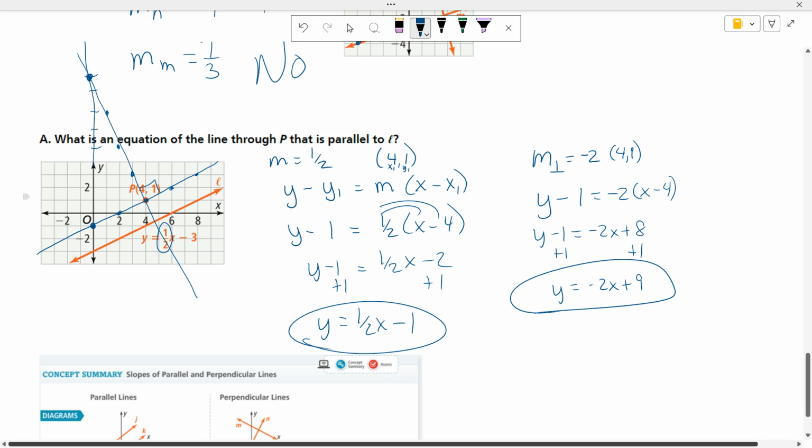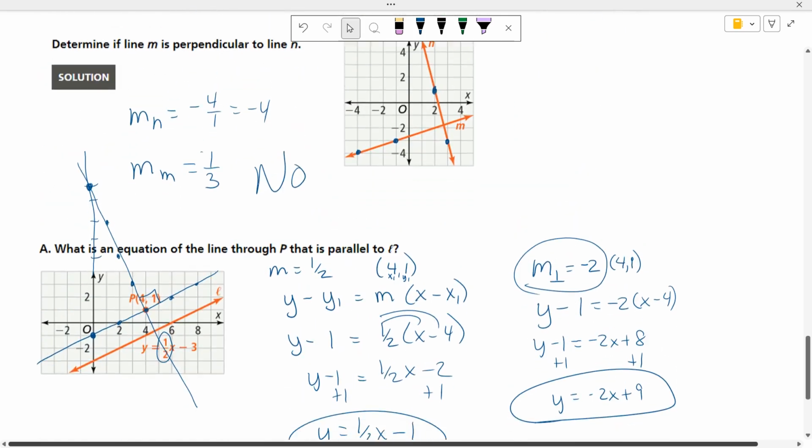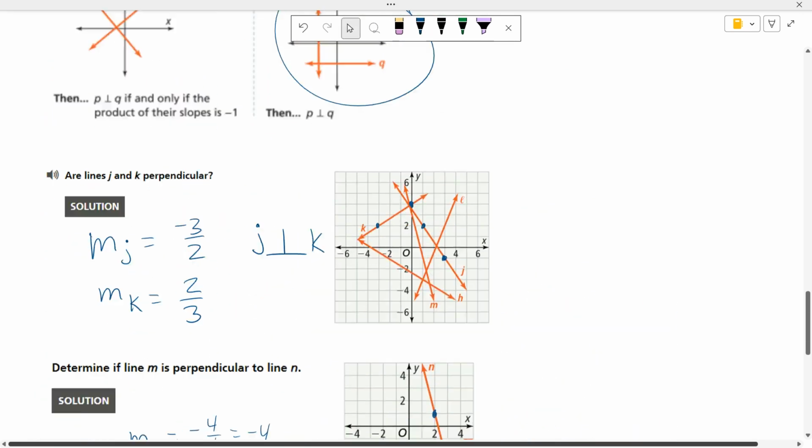And those are perpendicular. They form a right angle. As long as you know how to find the perpendicular slope, you'll be good. So for parallel lines, you use the same slope. For perpendicular lines, you use the opposite reciprocal slope.